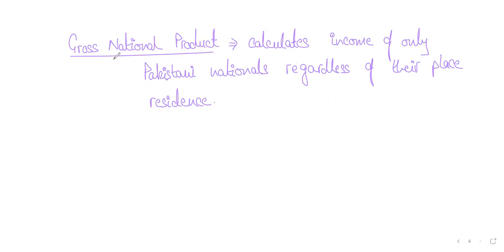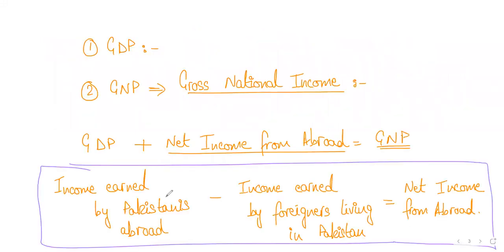Okay. Now, moving forward, students. So far we have talked about two statistics of national income. One is gross domestic product, which was the total income of all people living in Pakistan. You can think of GDP as the value of goods and services produced within the borders of Pakistan.